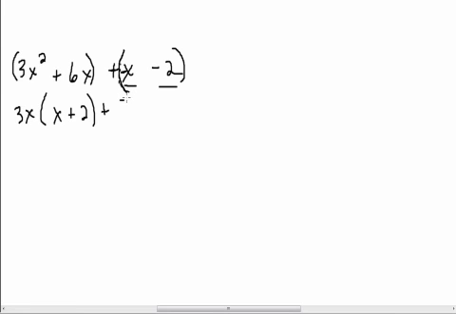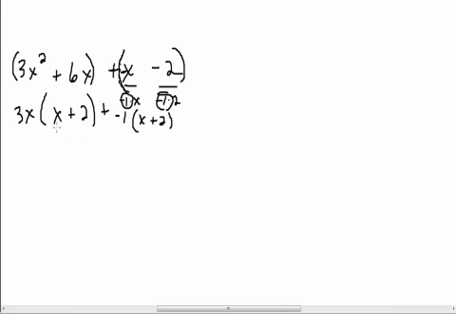A negative x is the same as negative 1 times x, and a negative 2 is the same as negative 1 times 2. So what's common? Negative 1. So if I take out that negative 1, what's left? x and a positive 2, so plus 2.